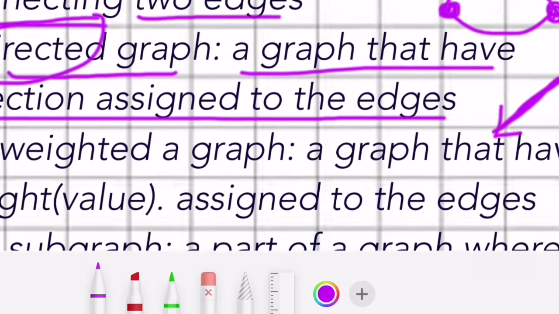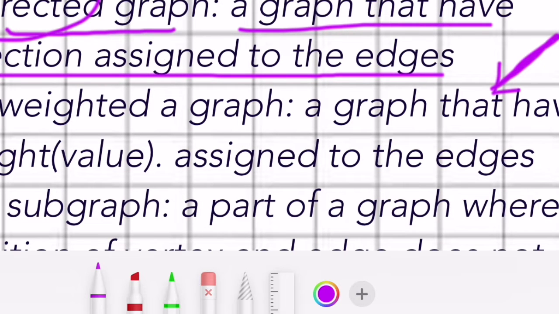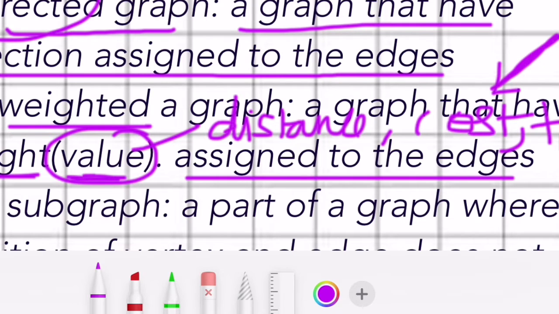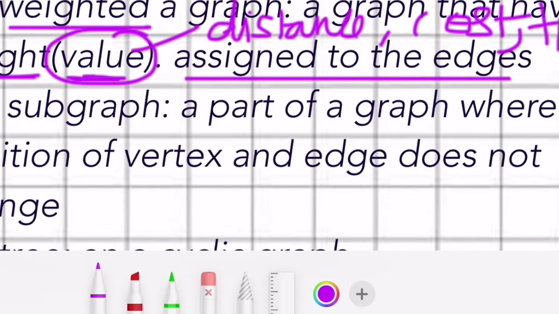A weighted graph is a graph that have weight, means value can be in terms of distance. It can be in terms of the cost, can be in terms of the times, or whatever value assigned to the edge. So subgraph is actually a part of graph.